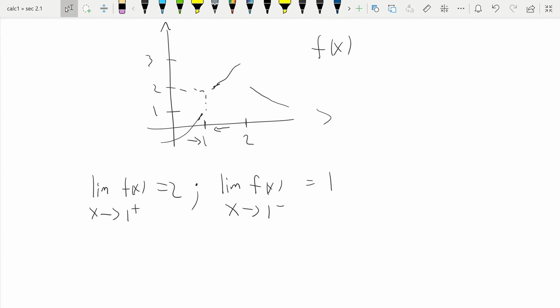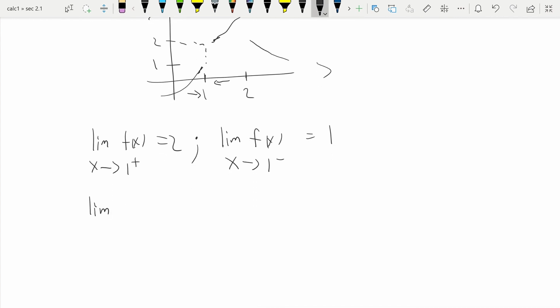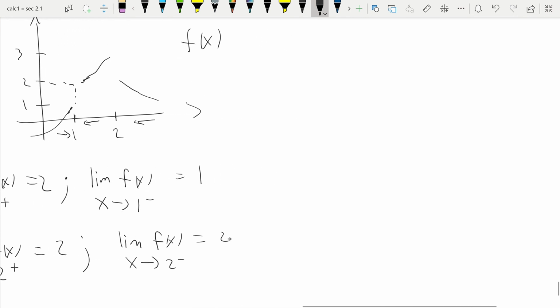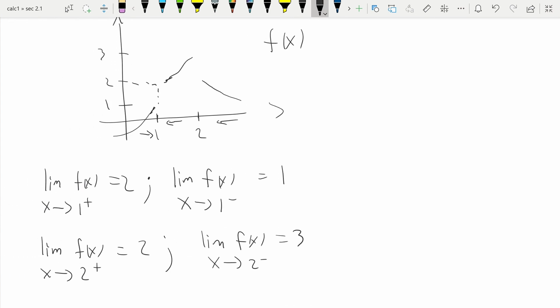And if we look at what happens at 2, in the same way we would conclude that the right hand limit as we approach 2 is equal to, remember we're approaching from the right, so from here that will be equal to 2, while the left hand limit of f as we approach 2 would be equal to 3. It would correspond to this number.